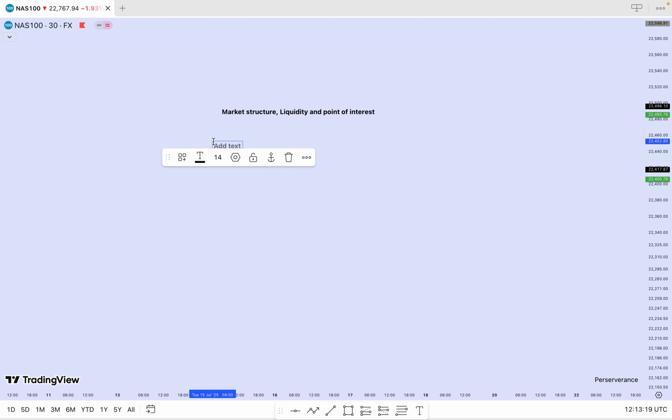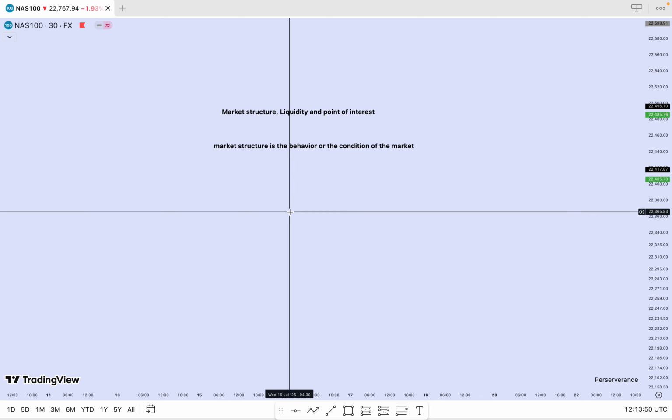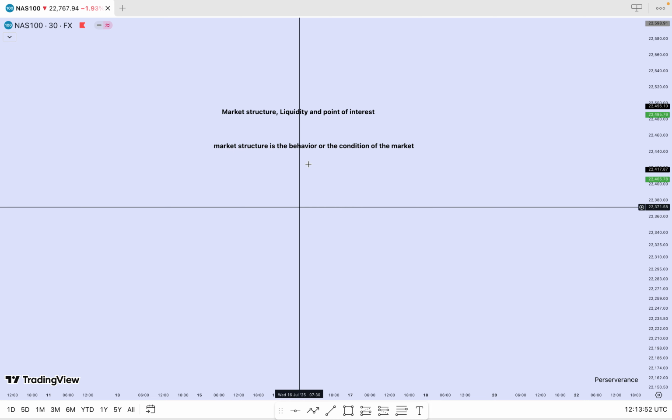Market structure is the behavior or the condition of the market, or basically the order flow of the market, the way the market moves from point A to point B, right?